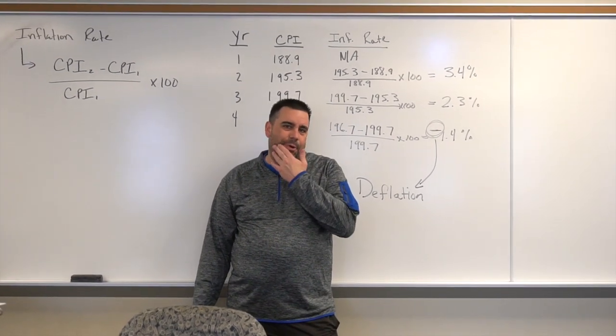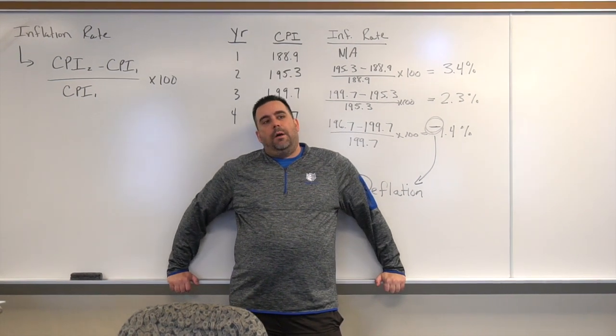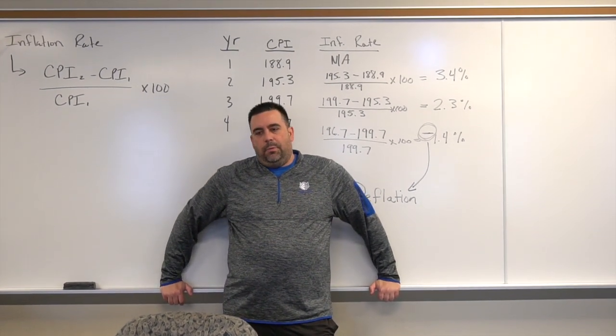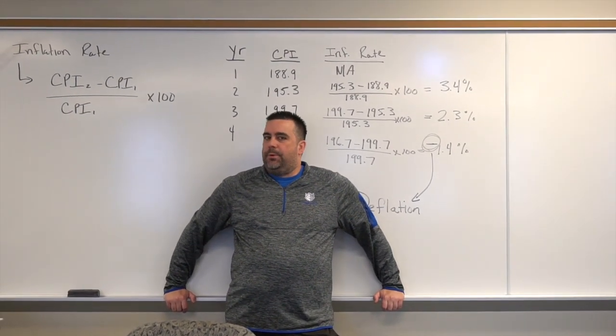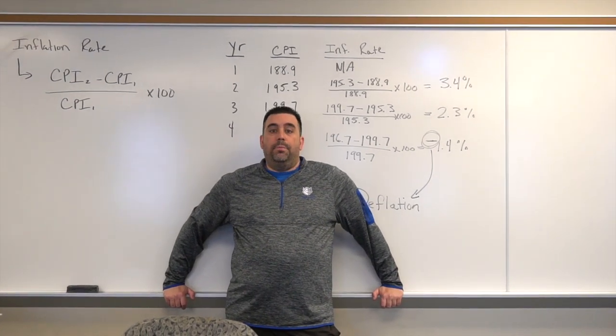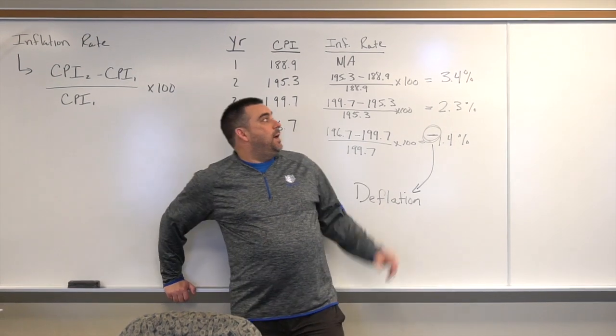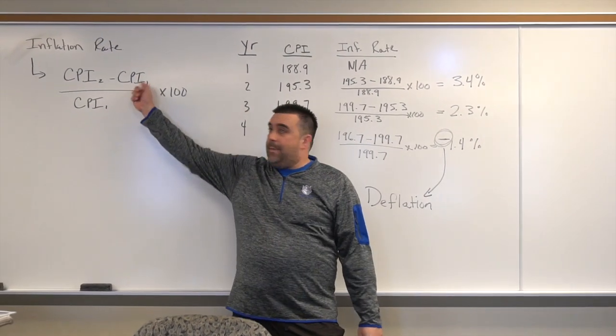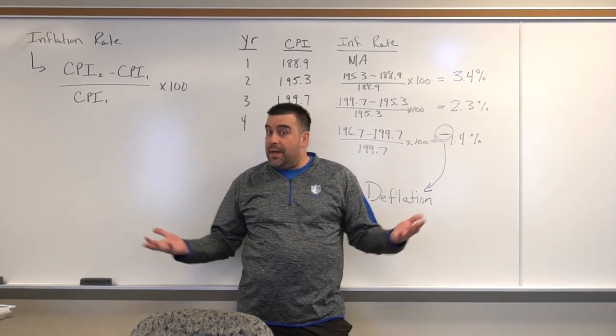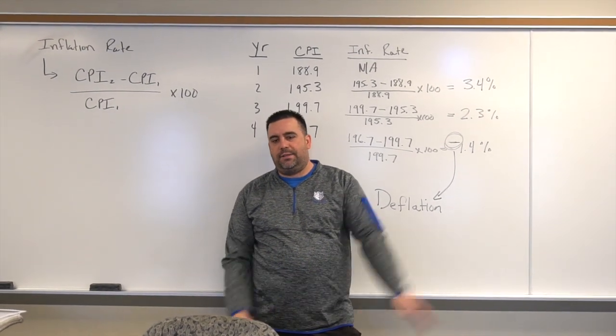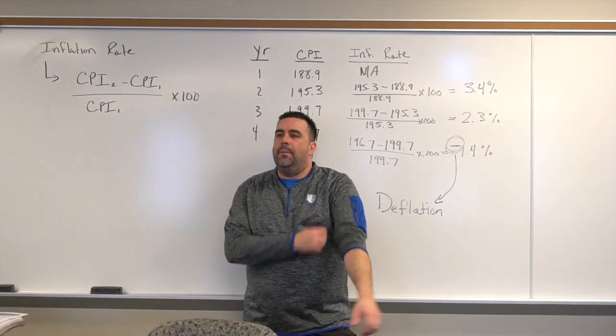It'll be interesting to see what happens this year, because we were predicted to have about 2 or 3% inflation before all of the coronavirus. And since a lot of the CPI basket is gas, and every consumer is purchasing gas and that price has tanked, it might be interesting.